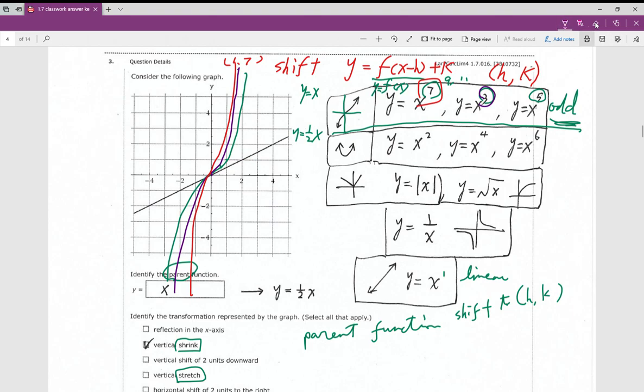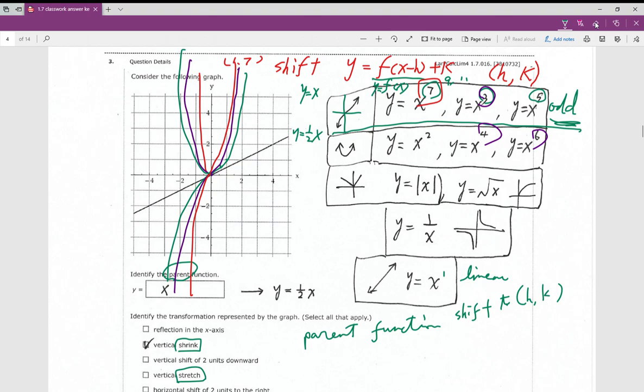Now, how about the even degree? With even degree, everything becomes positive. Therefore, if you have 6th degree, it looks like that, and then 4th degree, and here it looks like that.